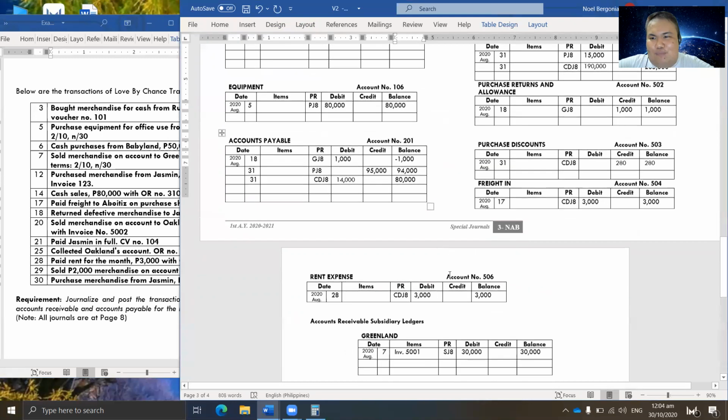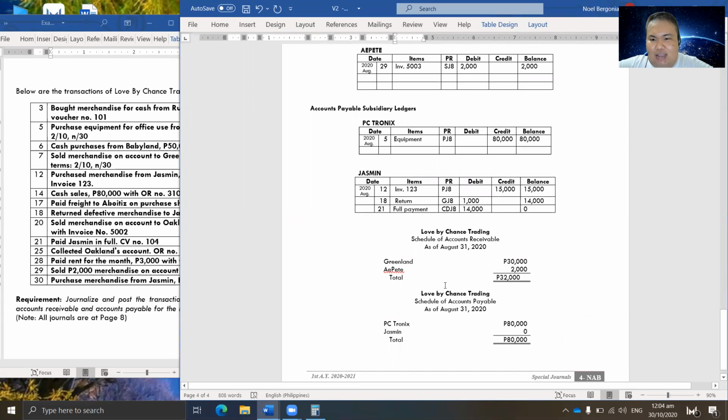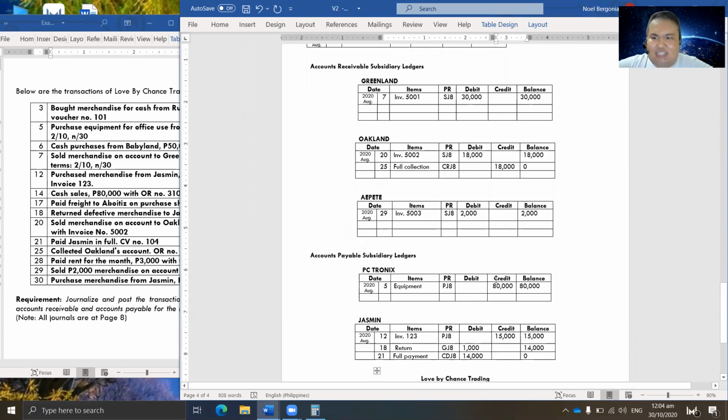Okay, so you prepare this schedule of accounts receivable and accounts payable for the purpose of making sure na yung total ng ating subsidiary ledgers are equal to the total in the general ledger. Kasi we tend to control and reconcile the balances, and dapat balance yon since kung ano naman yung na-post sa general ledger is na-post din naman po sa subsidiary ledger.